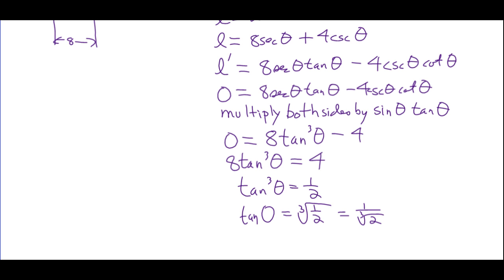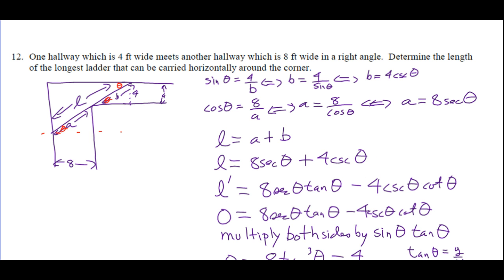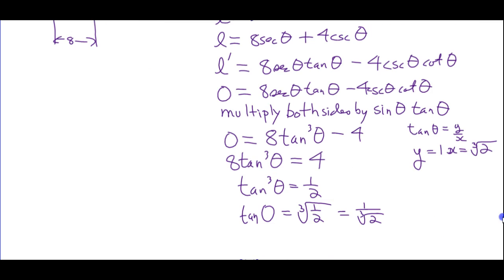So at this point, we're going to say, well, okay, tan theta is y over x, so y is 1, and x is the cube root of 2. Because if I want to find the length of the ladder, then I need to know what secant theta and cosecant theta is. All right? So we've got 2/3 of the puzzle here, right? We've got y, we've got x, we need r.